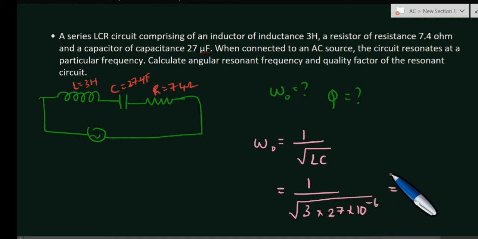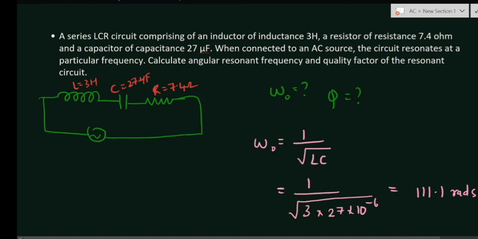So if you calculate it, the value of omega naught is found to be 111.1 radian per second, and this is the value of omega naught, that is the angular resonant frequency.